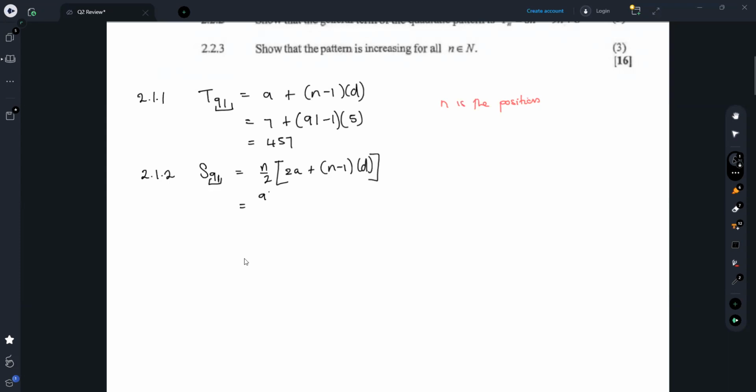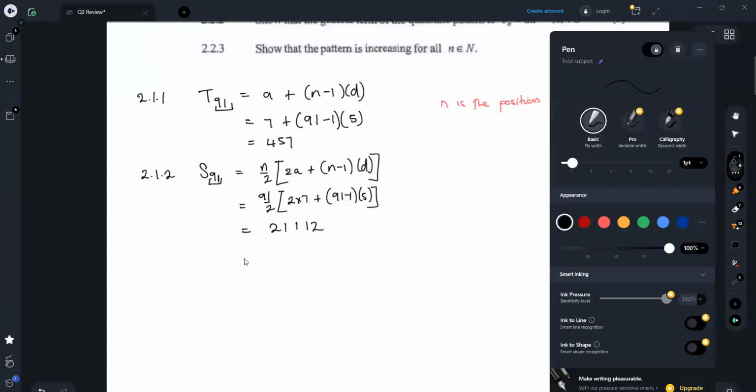Okay, so we have 91 over 2 into 2 multiplied by 7. Now again, you have 91 minus 1, times 5, close brackets like that. And when you punch your calculator, you should get 21112, like that.